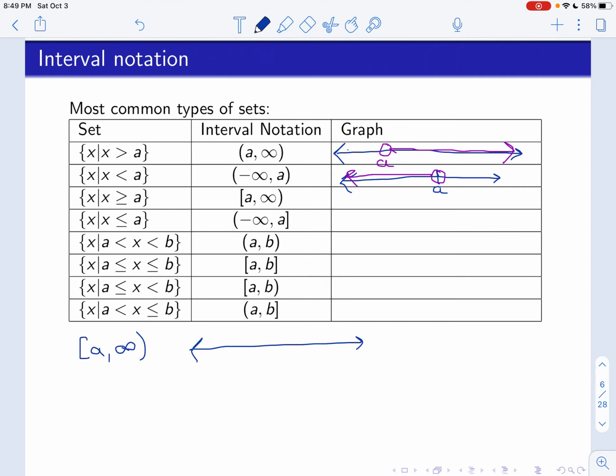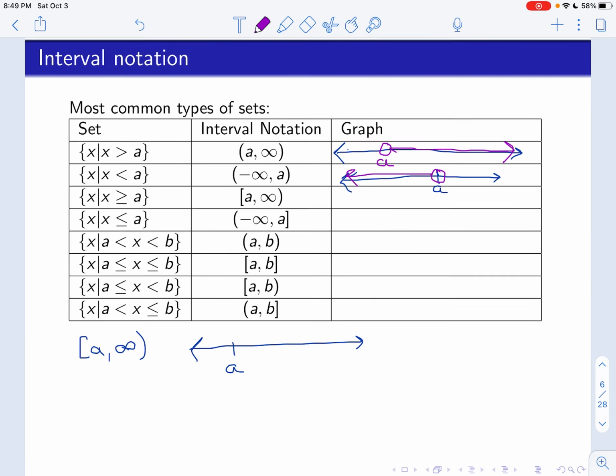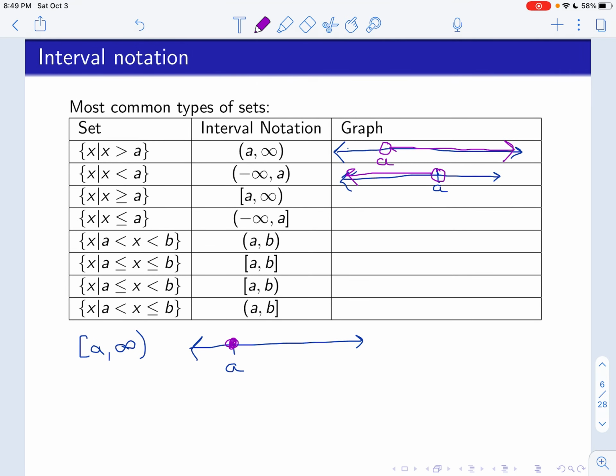If I wanted to do A to infinity, and this time I'm including A, then the way I show that differently on a graph is by putting a solid dot continuing to the right instead of my open circle that I had here a minute ago.